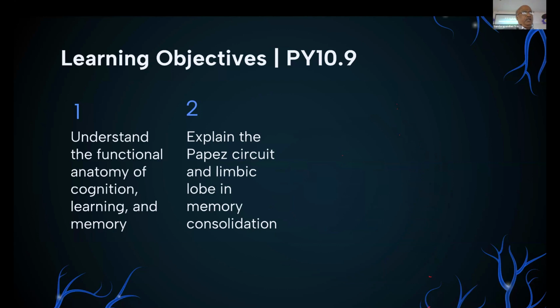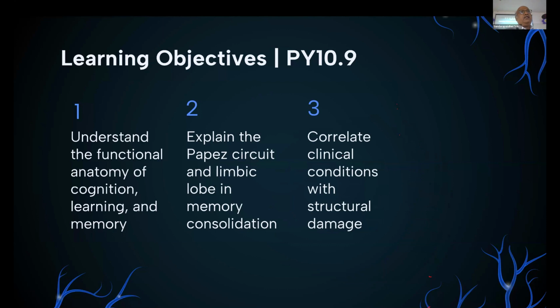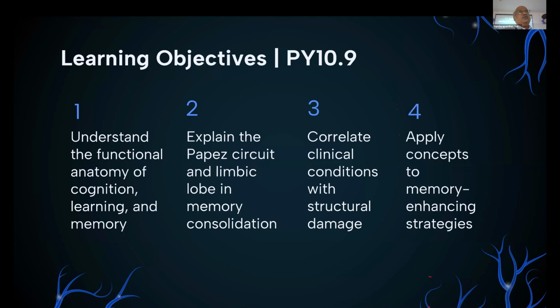In what way is it important for the emotional integration of memory? For that, our PAP circuit and the limbic lobe are important. Next, correlating these things with clinical aspects. Finally, it may be useful for you: how to improve your knowledge or memory power, and so your academic performance.